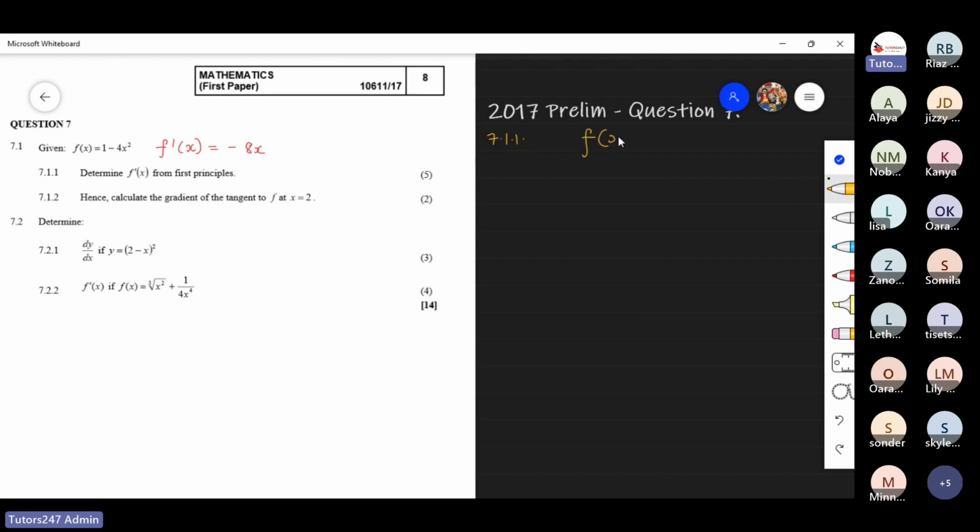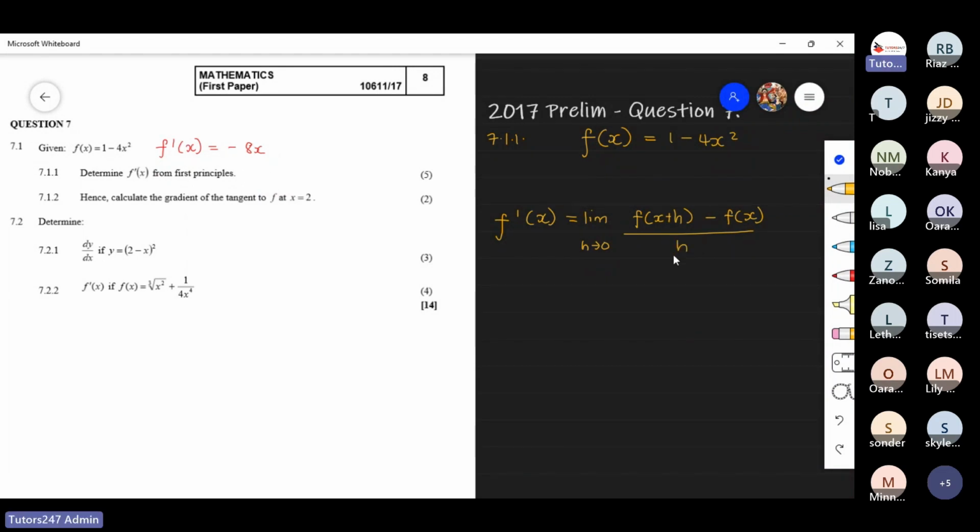We have f of x equals 1 minus 4x squared. And our formula when using first principles is f prime of x equals the limit as h approaches 0 of f of x plus h minus f of x all over h.